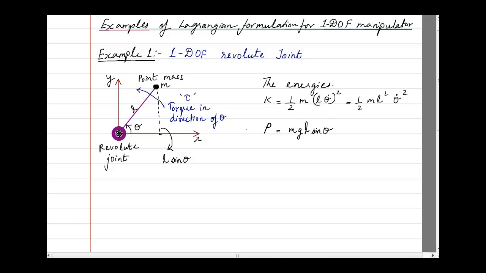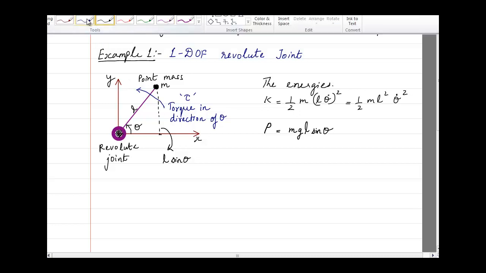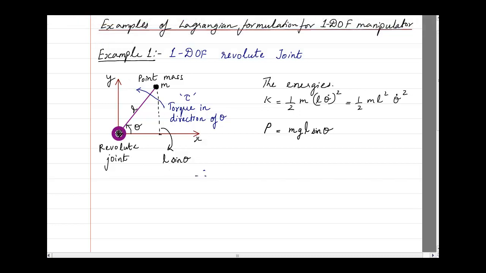Okay. Therefore, now I can write the Lagrangian. The Lagrangian L is basically the kinetic energy minus the potential energy, which is half m L square theta dot square minus mgL sine theta.